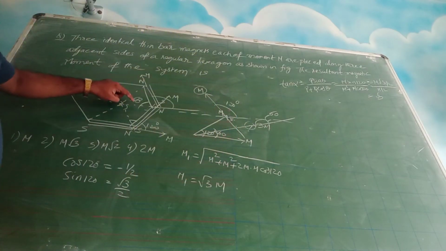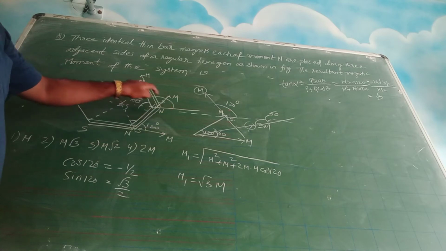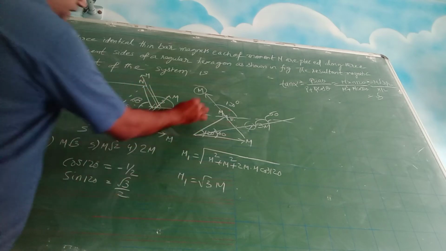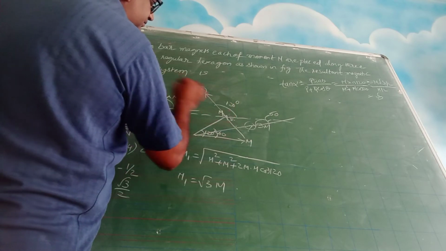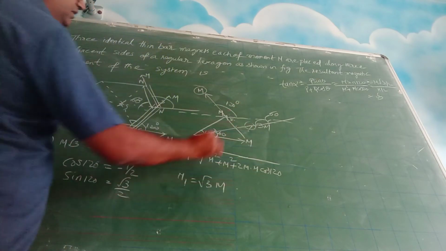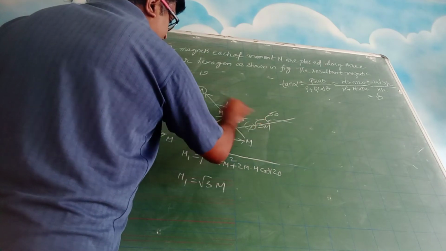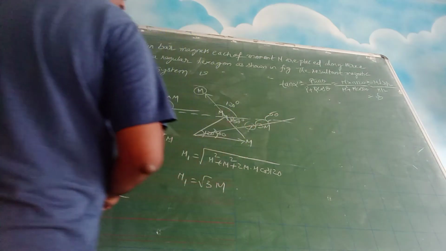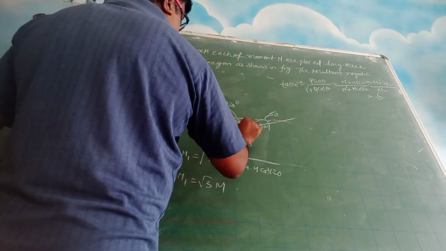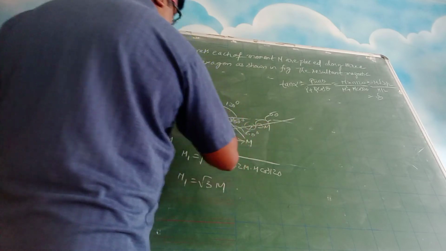This is a straight line, so 60, so total will be 180. This will be 120. But again, this is also a straight line. So if this is 120 degrees, this is 60 degrees. So you are getting 60 here, 60 here. That means the angle between them will be equal to 60 degrees.